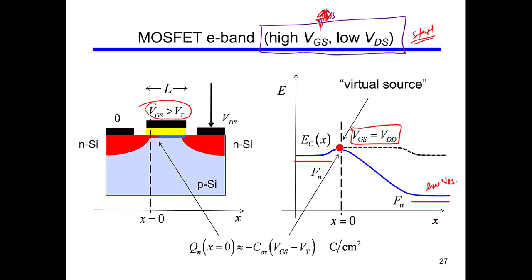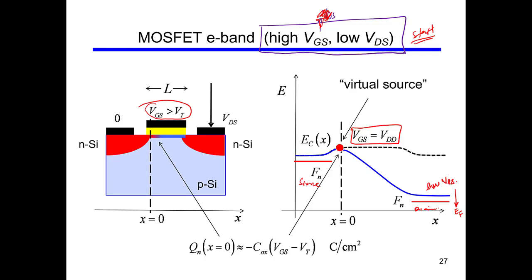Now if you remember, when you apply a non-zero VDS, the Fermi level EF goes down. You see the source side Fermi level and the drain side Fermi level are at different potentials, and you see this kind of shift in the shape of the energy band, the conduction band.